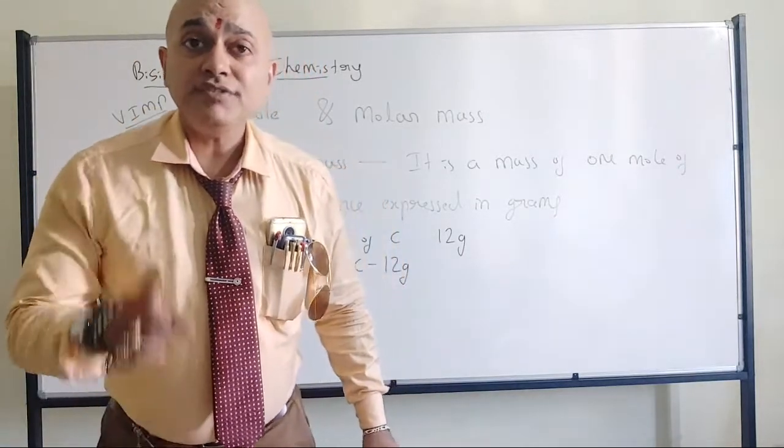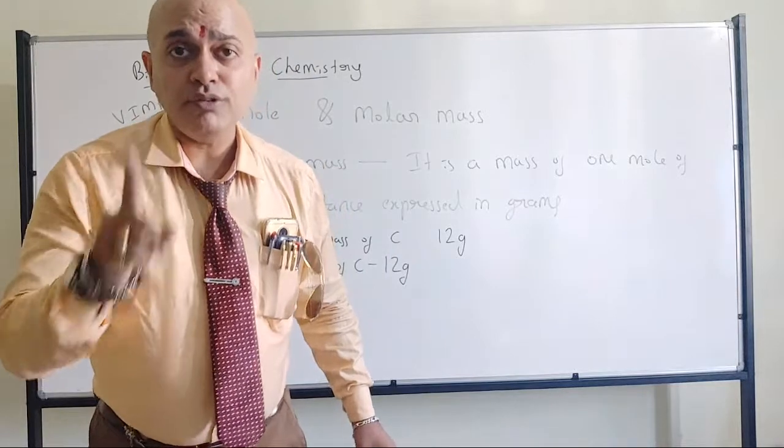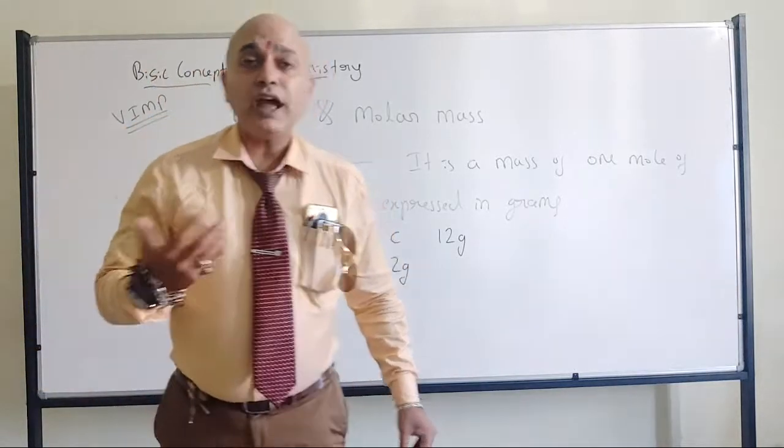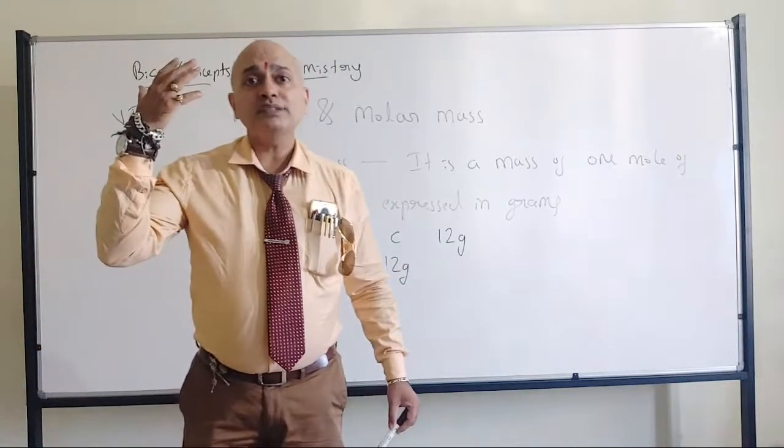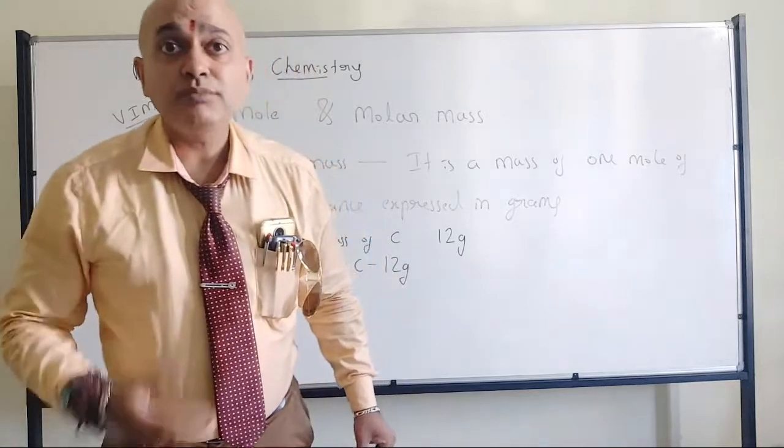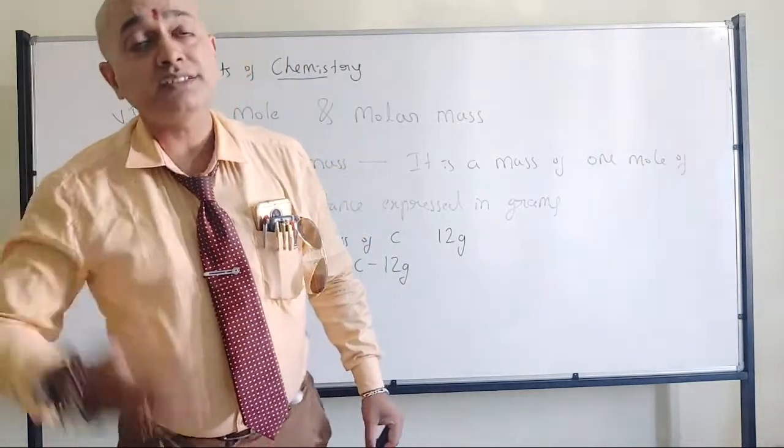By chance, if each carbon started weighing 12, then our mass would be more than the mass of the solar system. I am not talking about Earth, the solar system.